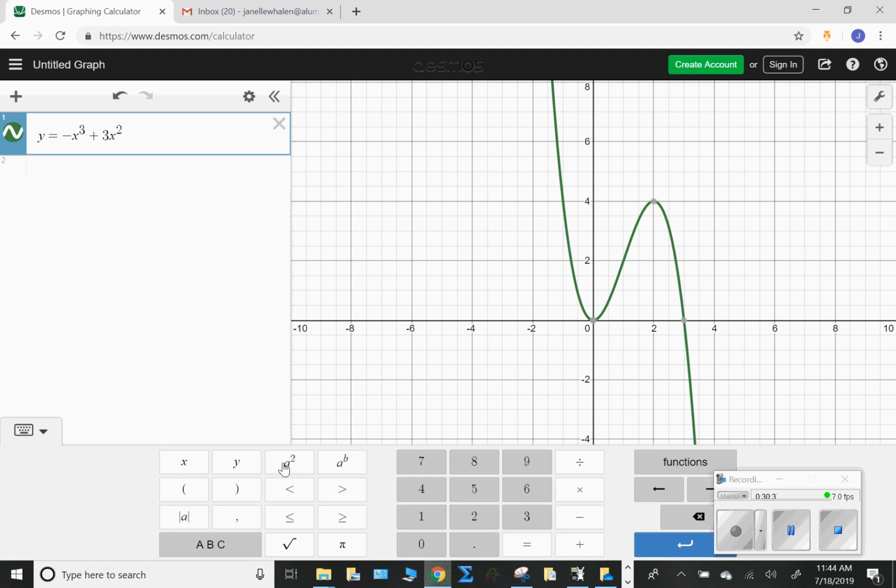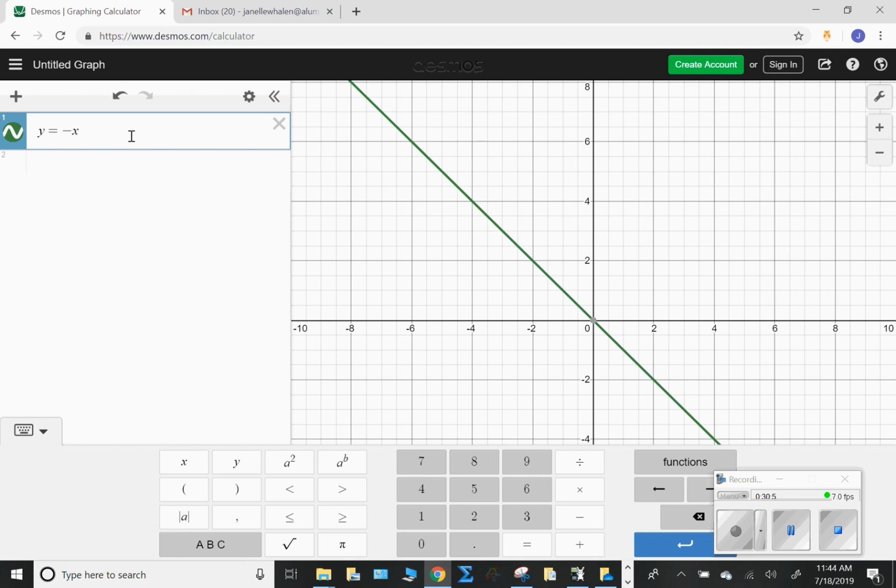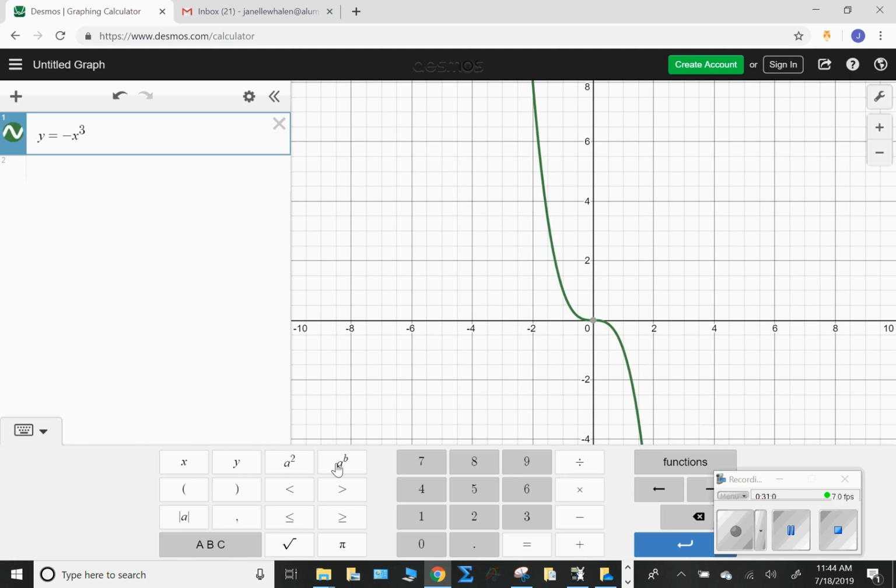Negative x cubed plus 3x squared looks like this.